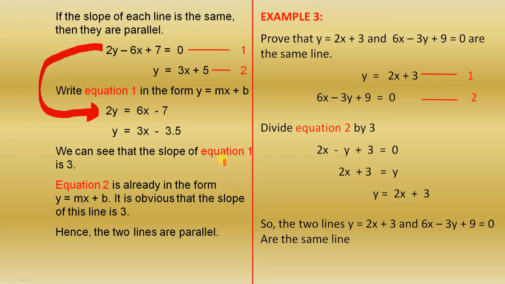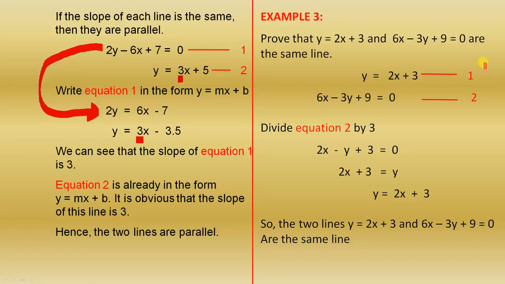We can see that the slope of equation 1 is 3, because that's the value of m. So that's 3. Equation 2 is already in the form y equals mx plus b. It is obvious that the slope of this line is 3. See there? Hence, the two lines are parallel.